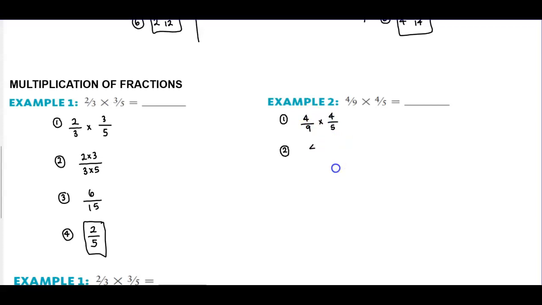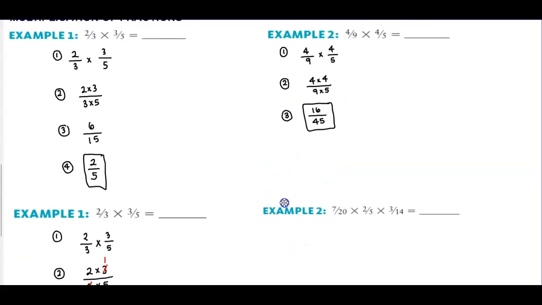So we're going to take 4, multiply that by 4. We're going to take 9 and multiply that by 5. So since we can't simplify anything from here, we're just going to multiply it out. So 4 times 4 is 16, and 9 times 5 is 45, and we cannot reduce that any further.